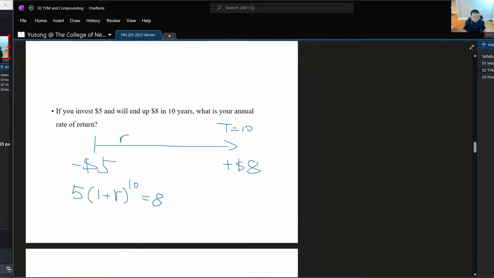So what's that R? We just need to solve for R. So R is 8 over 5 to the 10th root, then minus 1. I hope you are all comfortable solving this unknown. Going from this to this should be pretty straightforward for you.